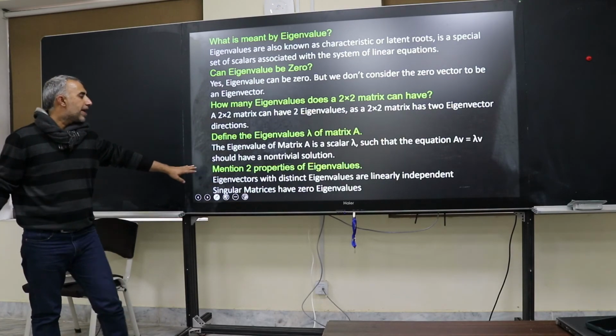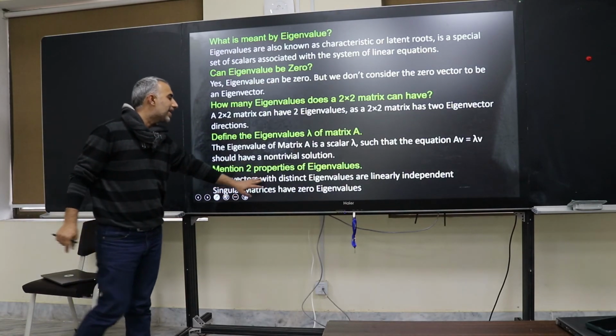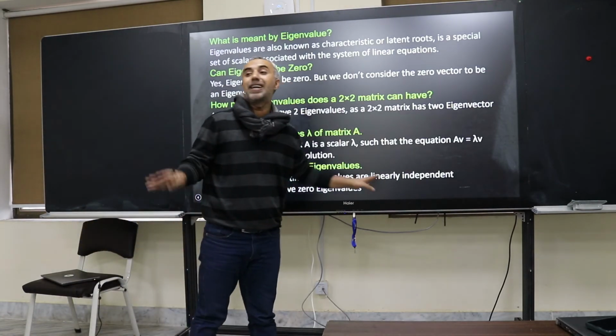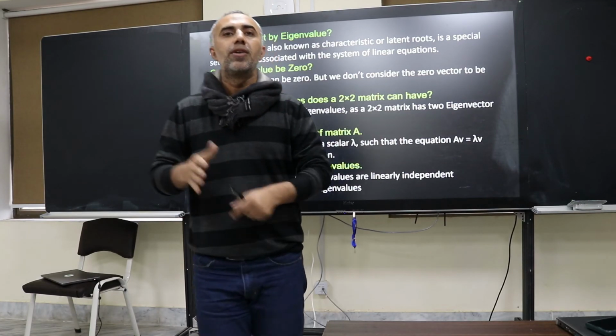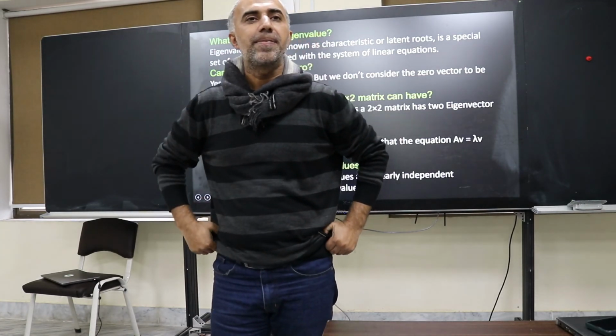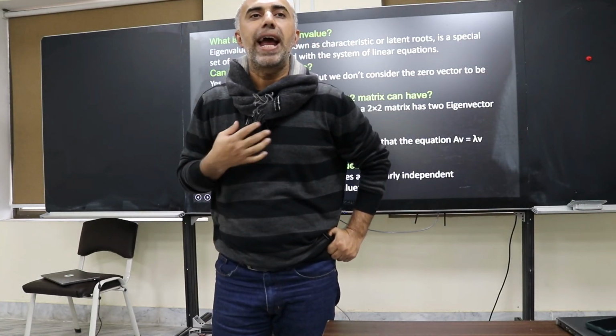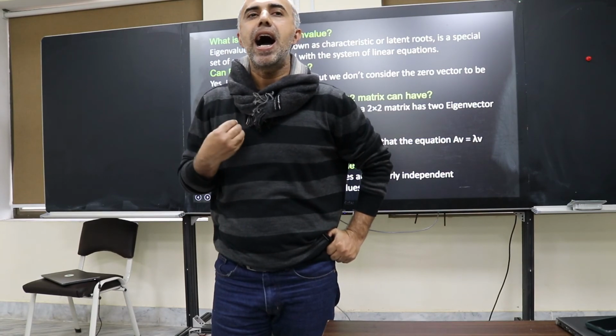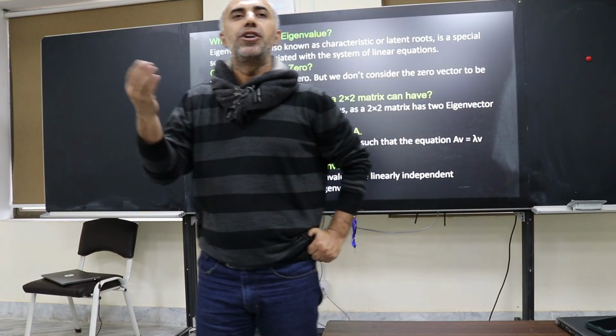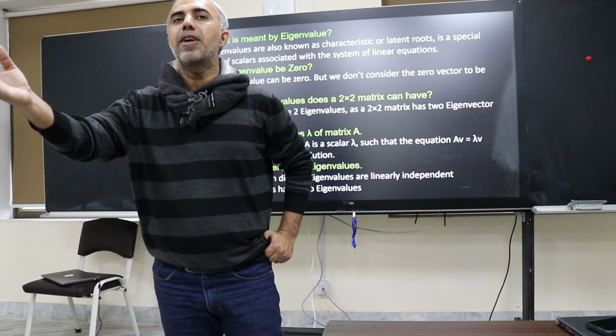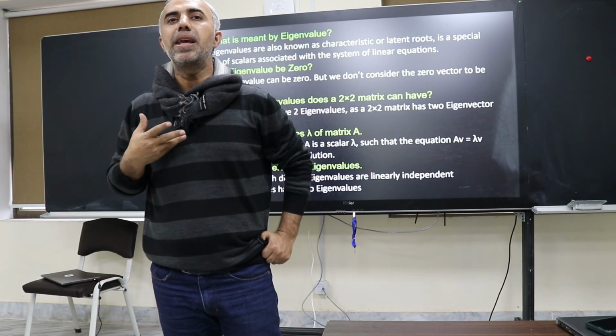Okay, here are two properties of the eigenvalues. Eigenvectors with distinct eigenvalues are linearly independent. How? For example, Sharyar is sitting here. He is too genius, and I am a dull student. The characteristics of his are not matching with mine.